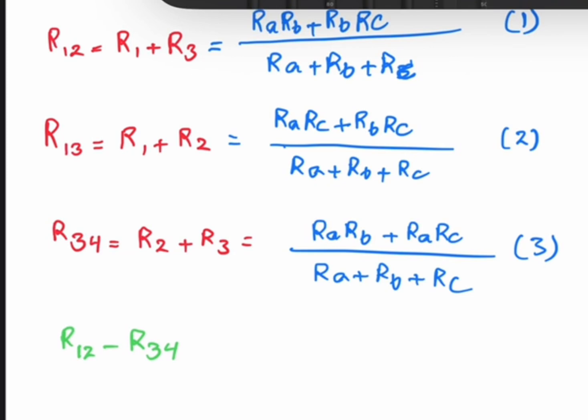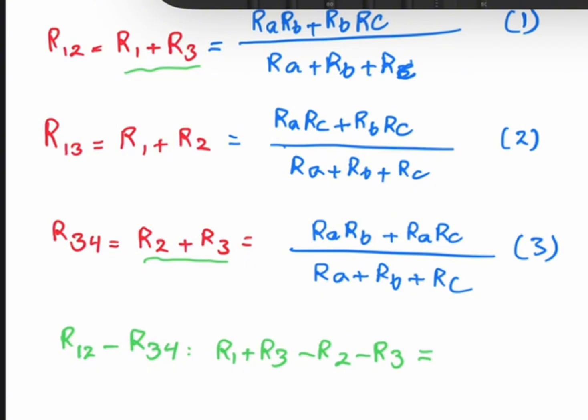For the left hand side, subtracting these two gives me R1 plus R3 minus R2 minus R3.